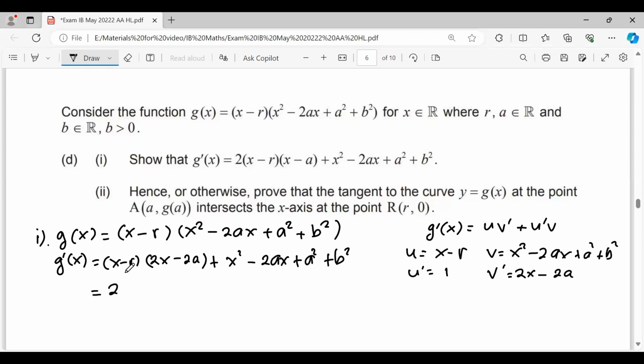Now factorize this: 2 times (x minus r)(x minus a), then plus x squared minus 2ax plus a squared plus b squared. So proved.